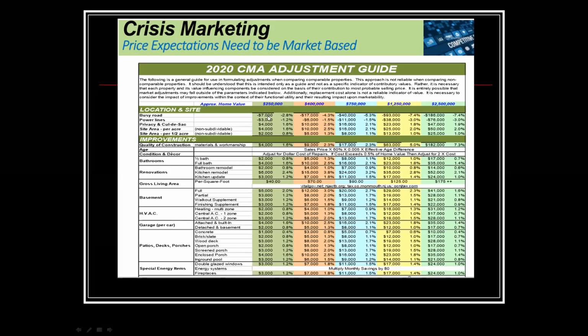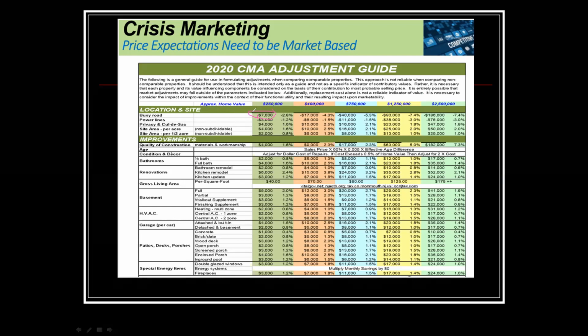Here are some examples of external obsolescence. If you're on a busy road in a $250,000 price range, you're going to subtract $7,000. So actually the adjustment is $7,000, but if you're on a busy road, that's a negative. So you're going to increase for inferior. If the comparable is on a busy road, you would add $7,000, right? You should never make adjustments to the subject.